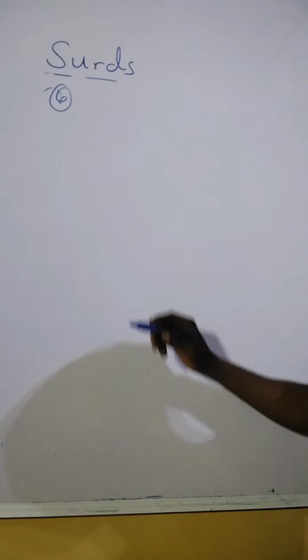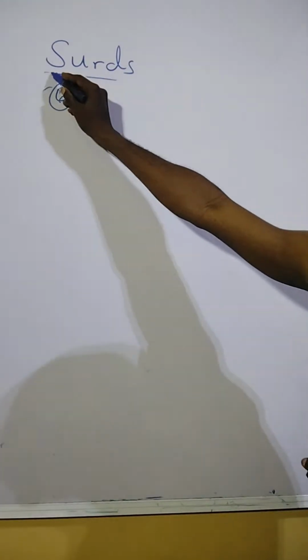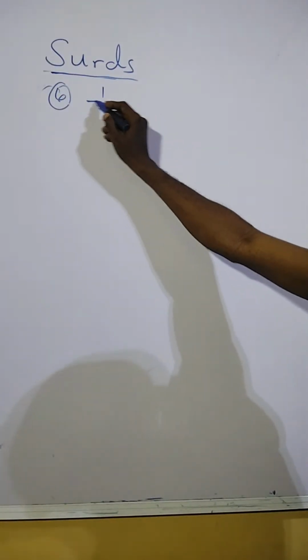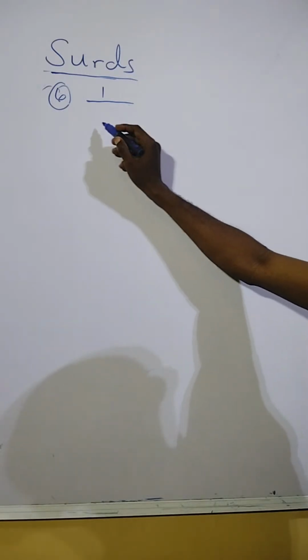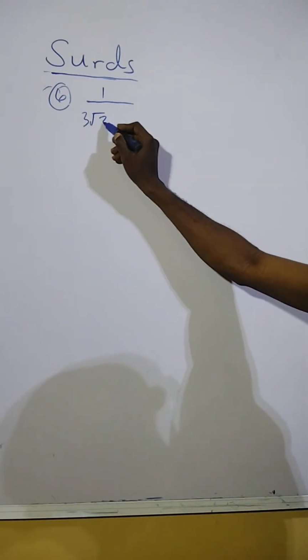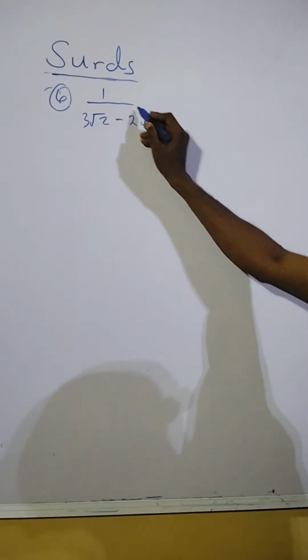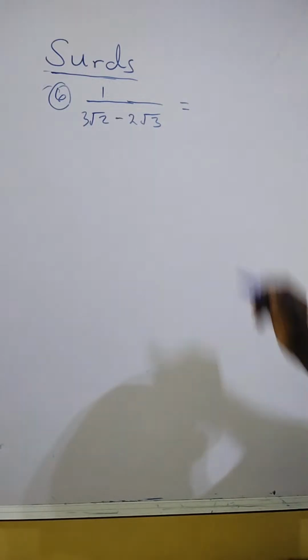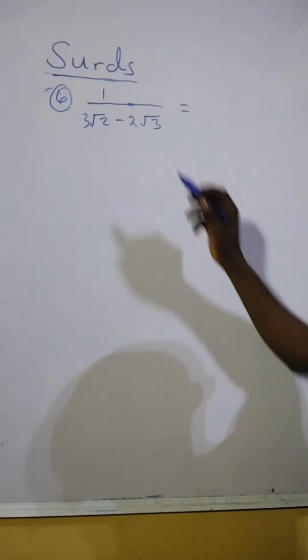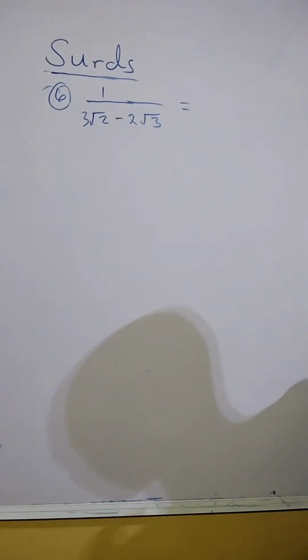which is simplify 1 divided by 3 root 2 minus 2 root 3. Also here we rationalize this surd. Multiply the numerator and denominator by the conjugate of the denominator.